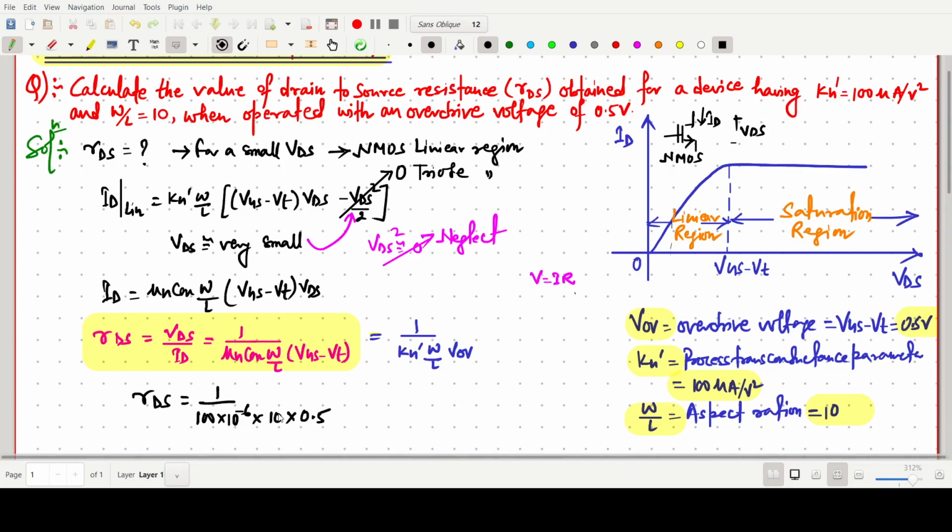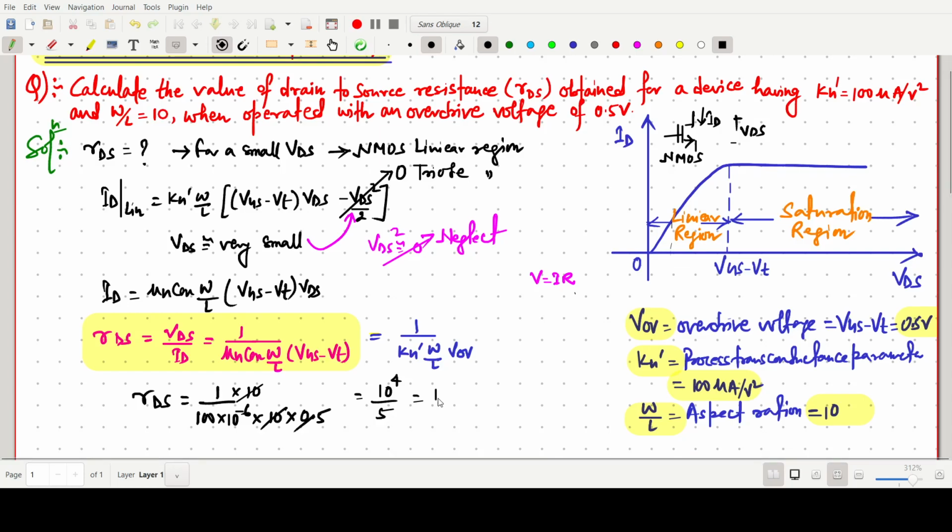Now we have to calculate this. If we remove the decimal, the 10 will come up and these terms will cancel out. So if we solve, this should be 10 to the power 4 by 5.